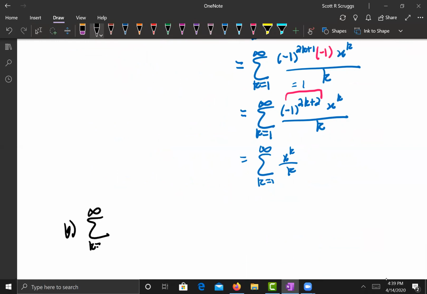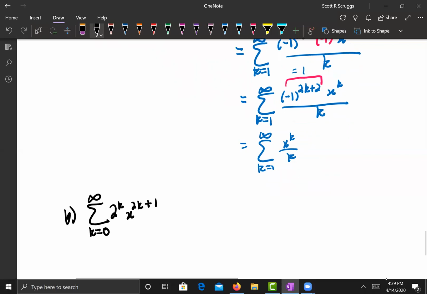The sum from k equals 0 to infinity of 2 to the k power times x squared to the 2k plus 1 power. I'll give y'all about 5 minutes to work on that. And if y'all have questions, let me know.